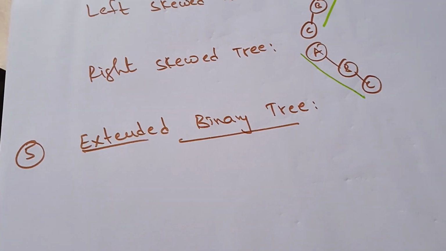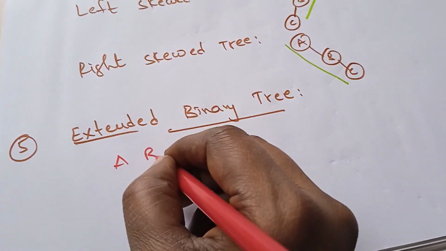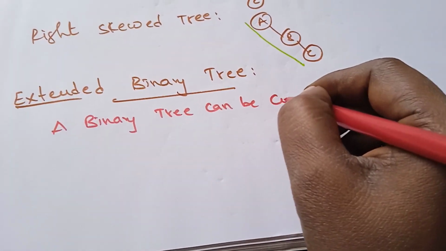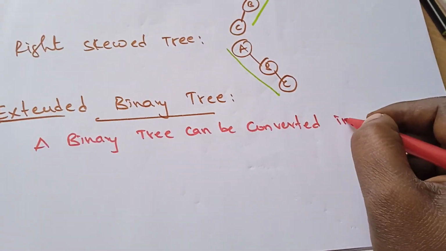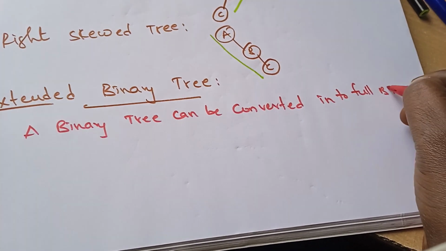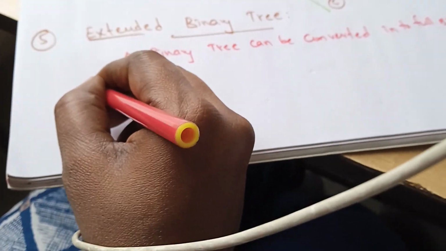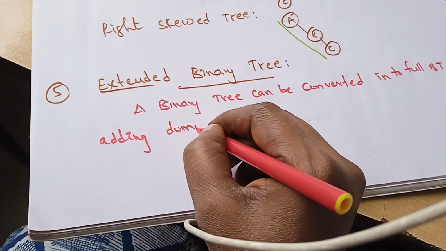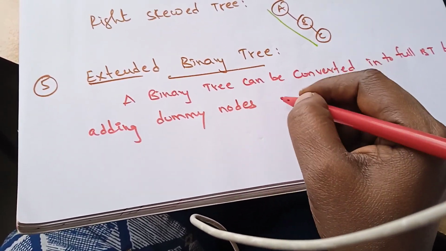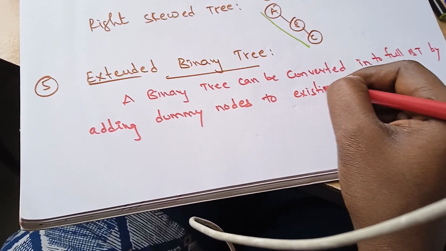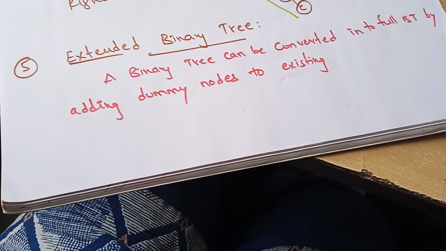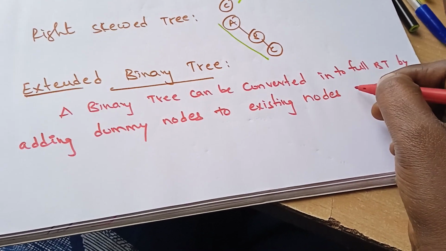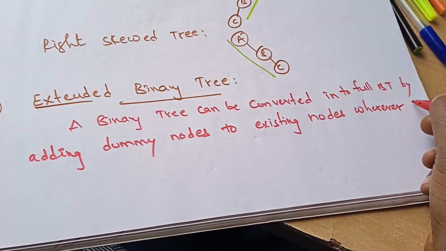Extended binary tree, that is, a binary tree can be converted into full binary tree by adding dummy nodes to existing nodes wherever it is required.